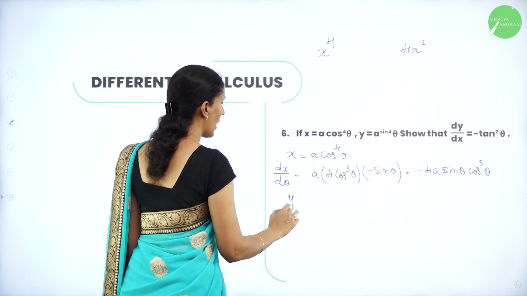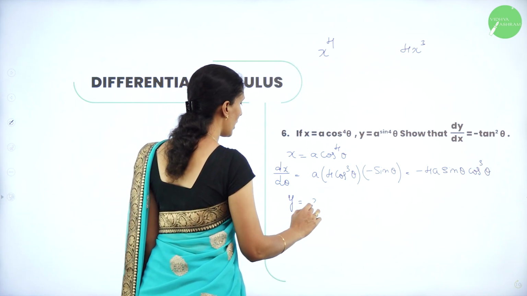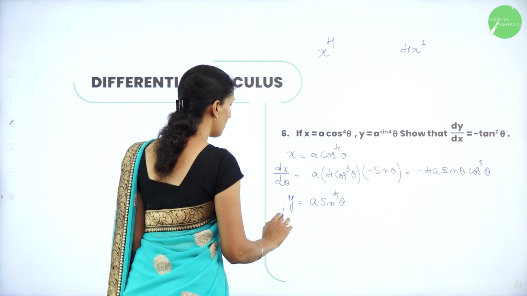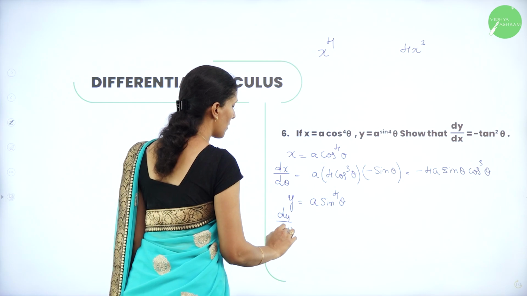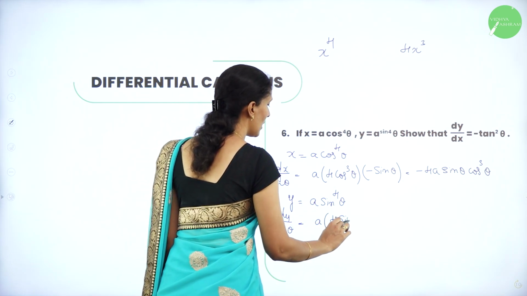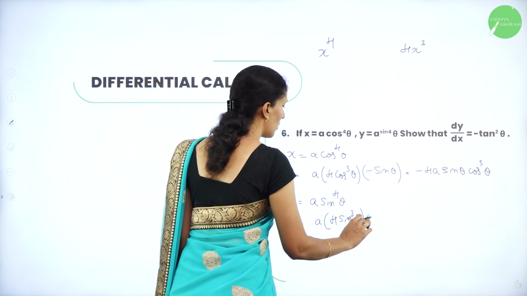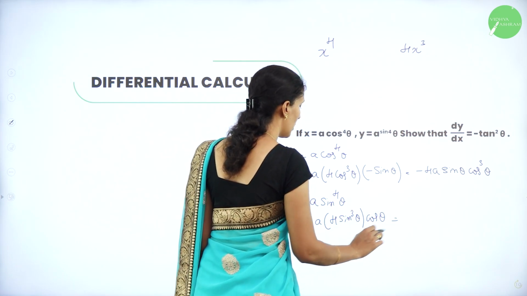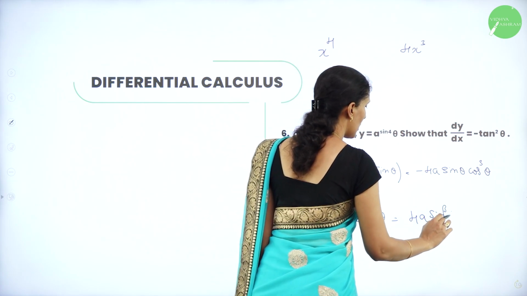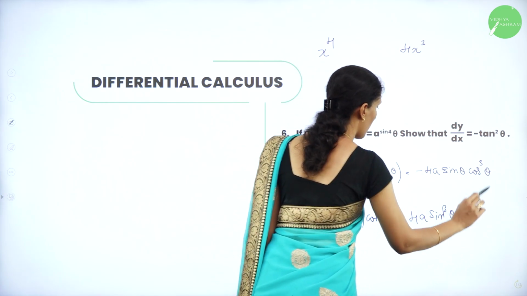Next let me take y. Y is equal to a sin to the power 4 theta. So dy by d theta will be equal to a into 4 sin cube theta into cos theta. So it is 4a sin cube theta into cos theta.